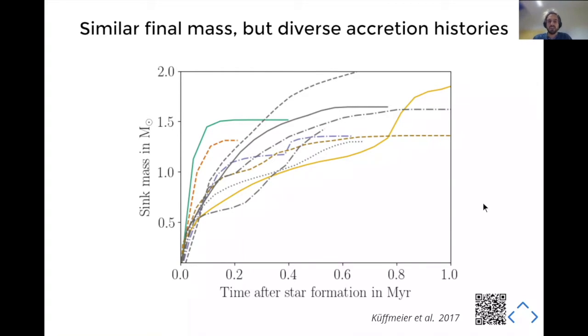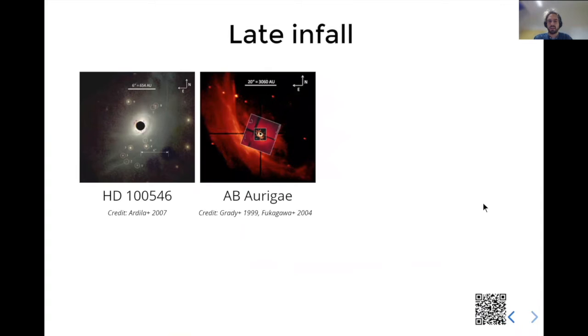These late accretion events really triggered my interest, and I was thinking how to model this, and was talking about it with Kees Doelemans when I came to Heidelberg. He was also very much interested in infall and late encounter events, but his motivation was more from an observational point of view, namely he was thinking of two objects, HD 100546 and AB Aurigae.